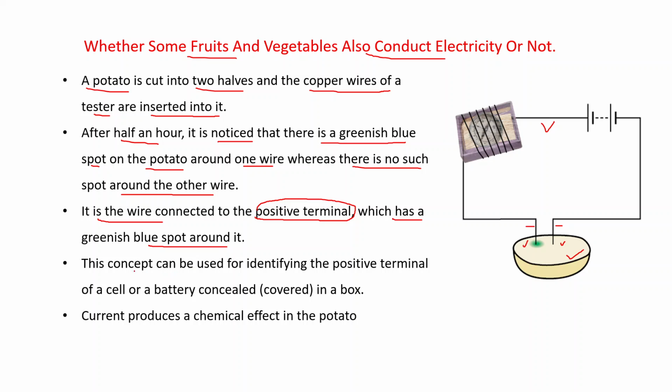So this concept can be used for identifying the positive terminal of a cell or battery concealed, meaning covered, in a box. Why is this greenish blue spot obtained? Some chemical reaction is taking place in the potato when we pass electricity. So we can say current produces a chemical effect in the potato.